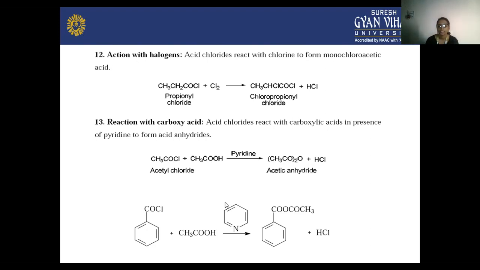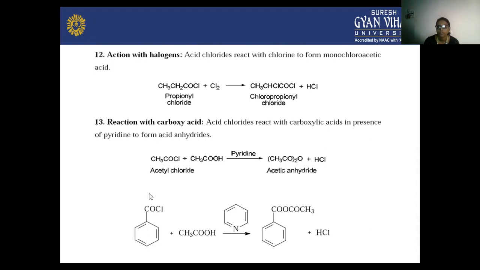Next, acetyl chloride reacts with acetic acid in the presence of pyridine, and there is a formation of acetic anhydride. So this is benzoyl chloride, and it is the same.